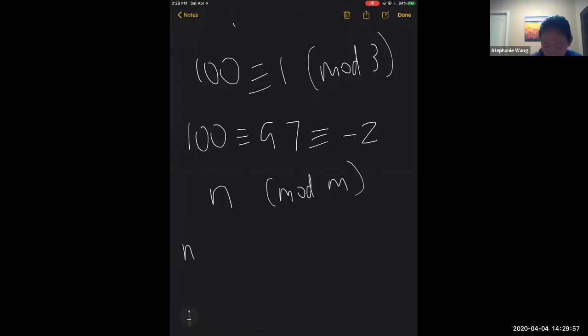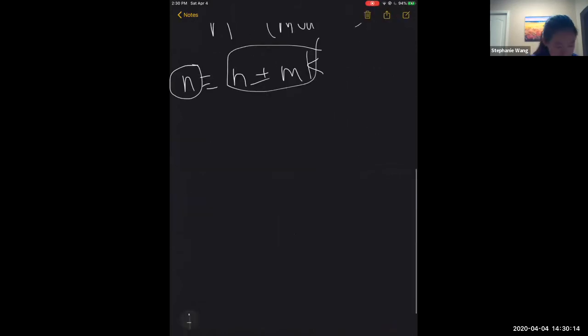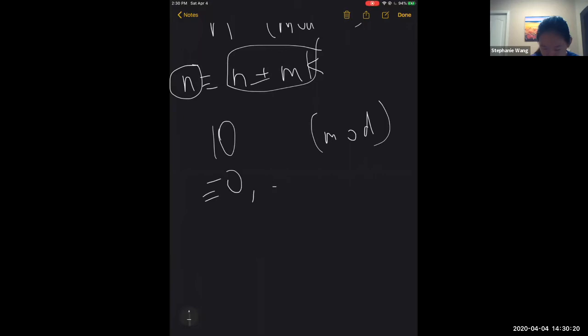Then n will be congruent to n plus m times any integer, or plus or minus, because after you divide this number by m, it's going to give you the same remainder as n. So let's say we have 10. 10 mod 10 is going to be congruent to 0, can be congruent to -10, -100, you get the idea.